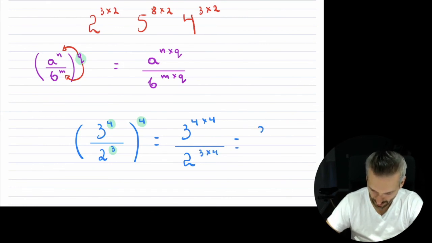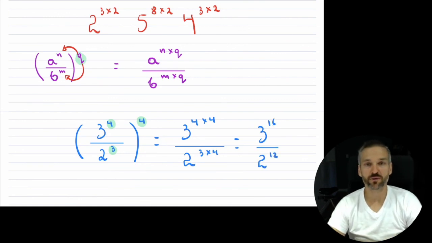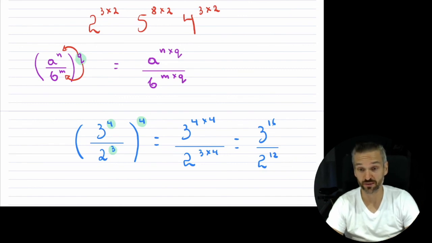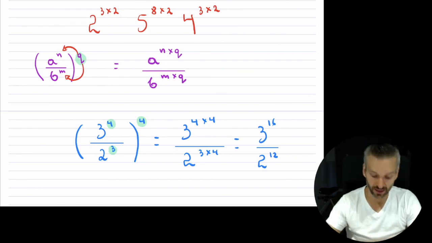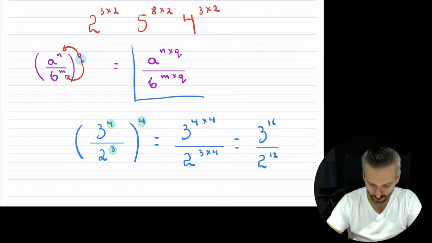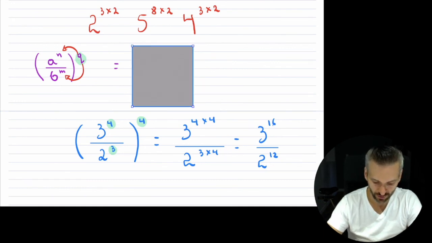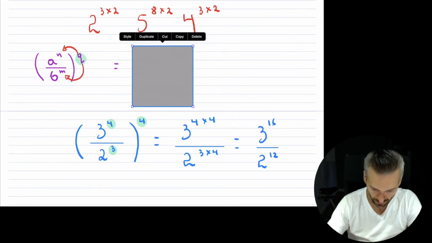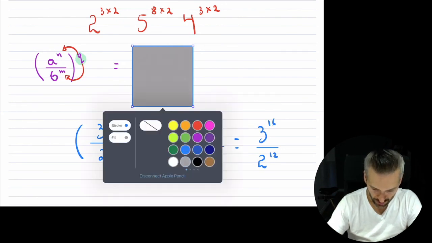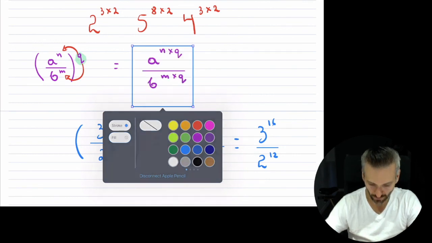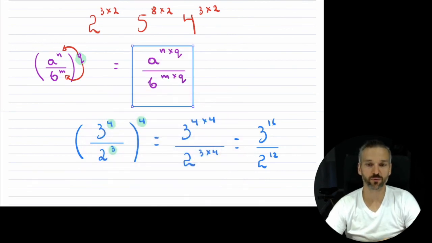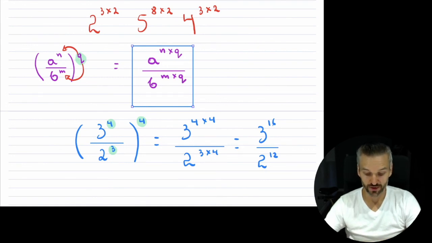All right, so my answer becomes, I can keep it in exponent form, so that's what it would be. Now, of course, we can get the full answer because these are just numbers. But the key for you to remember is that we want to be able to know these particular laws. Okay, so that's the law that we would want to know. All right, so those are all the laws that you have.